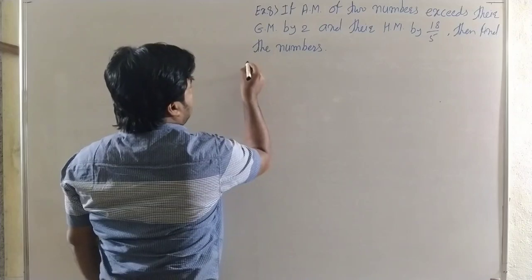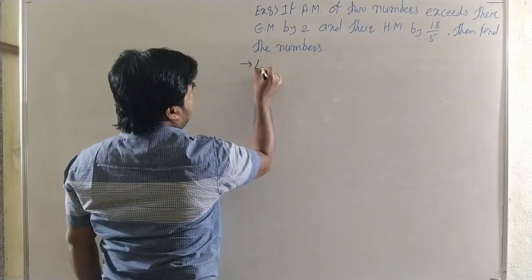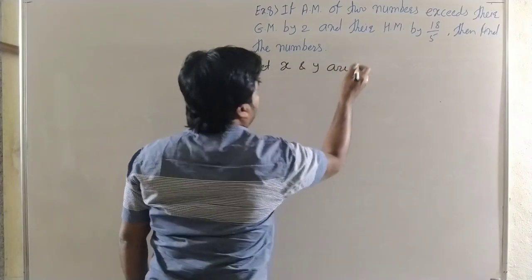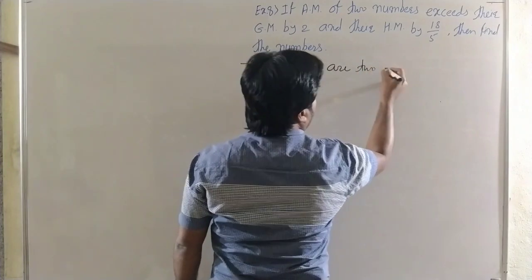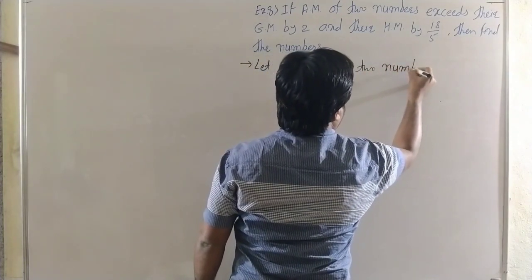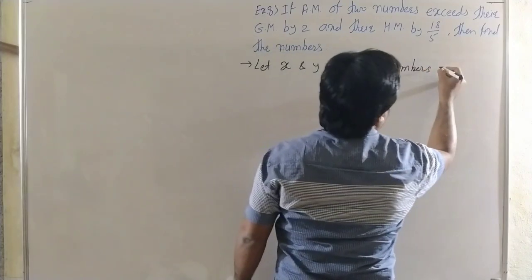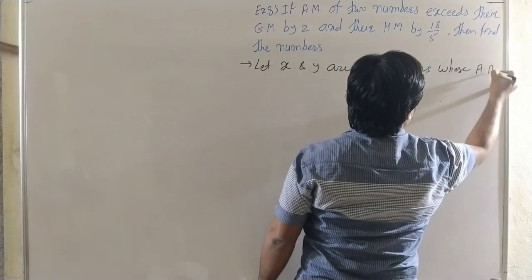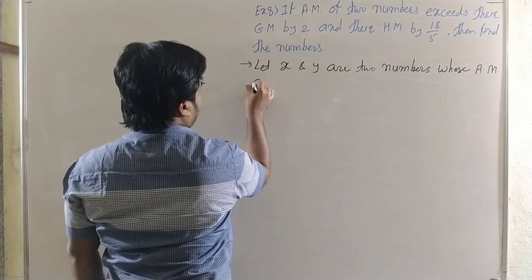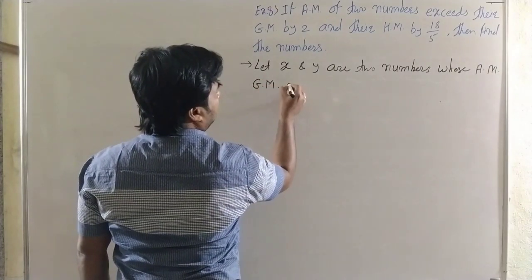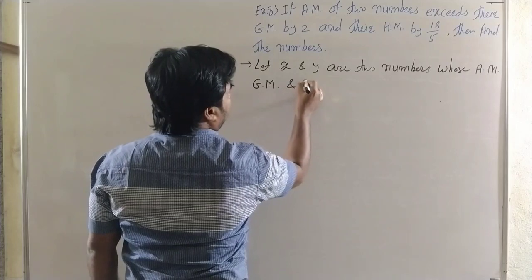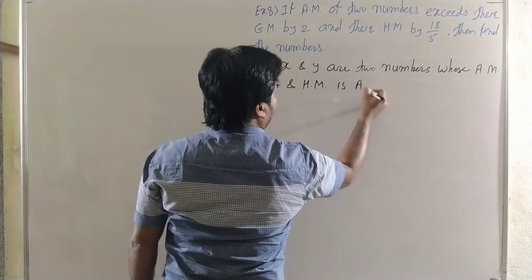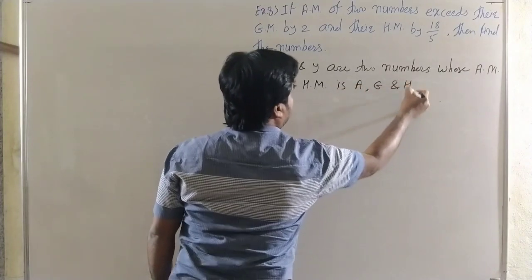Now here consider first the two numbers. Let x and y be two numbers whose arithmetic mean, geometric mean and harmonic mean are a, g and h respectively.